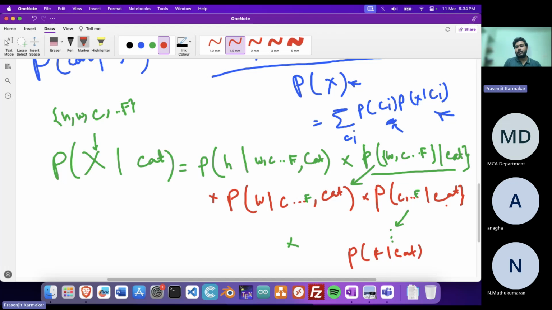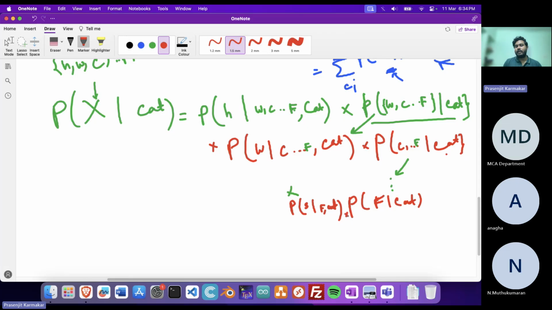Let's say before furry, there was some feature S. In that case, previously it will have probability of S given furry comma cat, right? You get the idea, right? How we can expand my entire probability. X is a set. How I can split them, right?